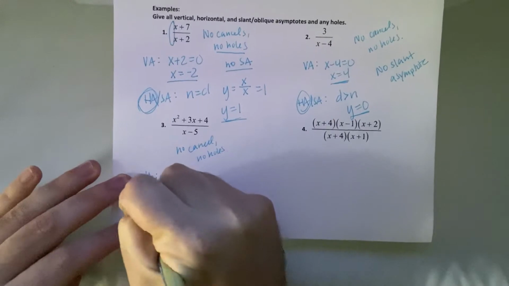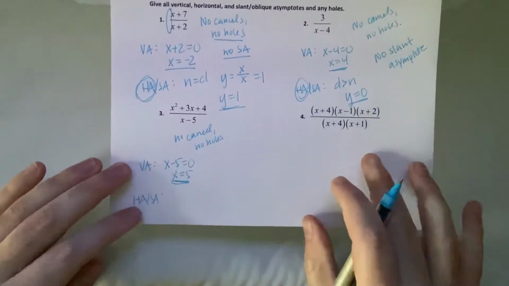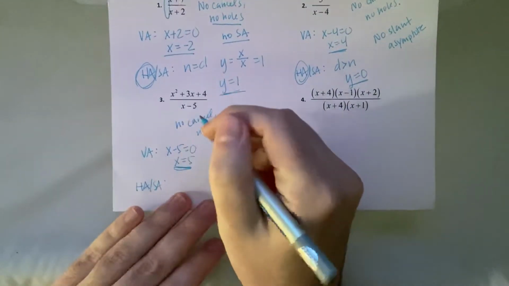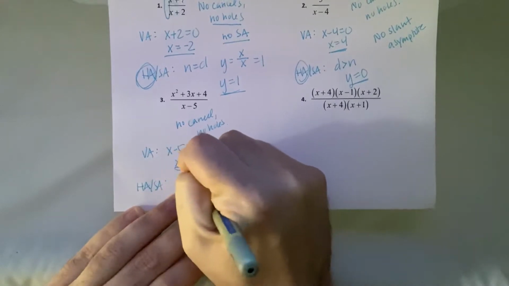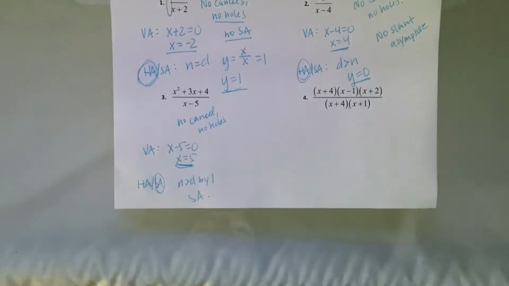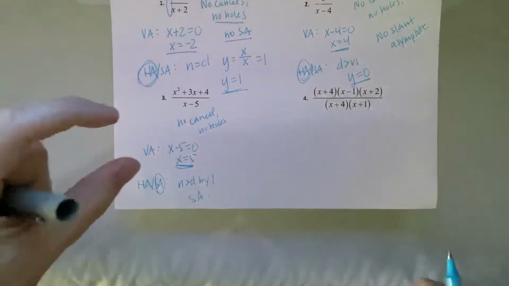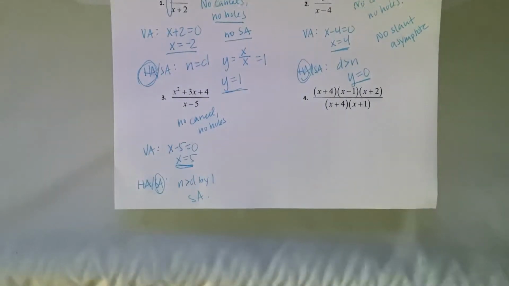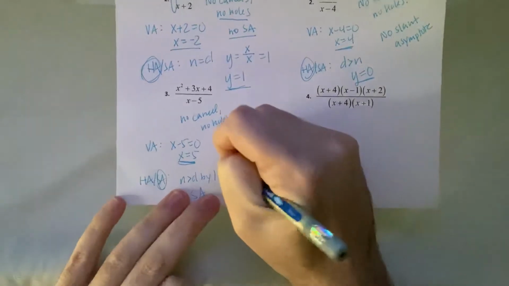Horizontal or slant. Our numerator is greater than denominator by 1, which means we have a slant asymptote. To find what that slant asymptote is, I need a y equals mx plus b, which means I need to divide these two things to get my mx plus b. Let's use synthetic division.